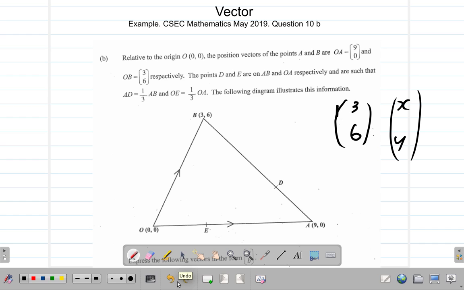Now, here, such that AD from A to D is 1/3 all the way from A to B. What that means, if all of this distance is 3, then from here to here is 1.